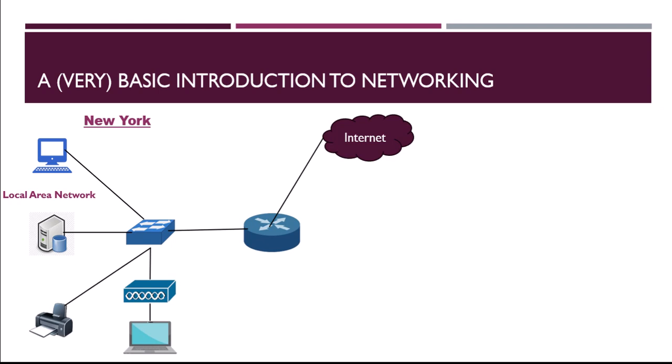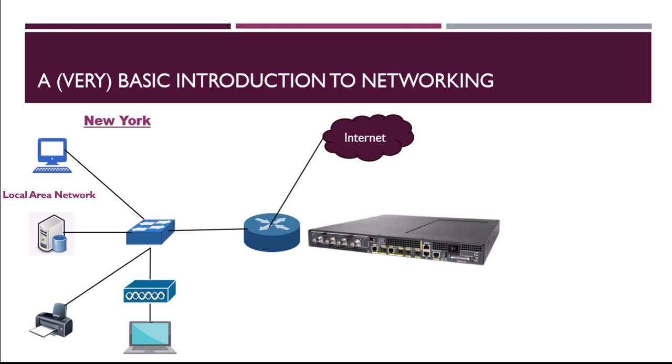Usually the router takes our communication from the local area network to outside. The router looks like this. It has different types of ports, and it helps us to connect multiple types of networks together. It usually routes our traffic from inside to outside.